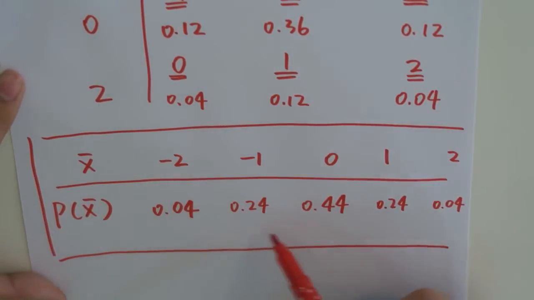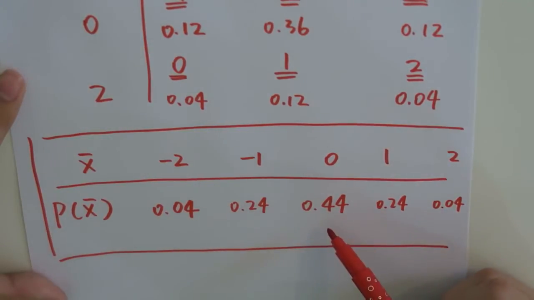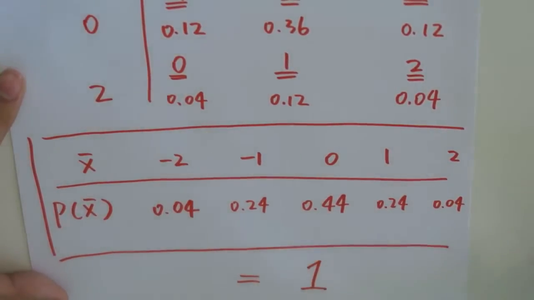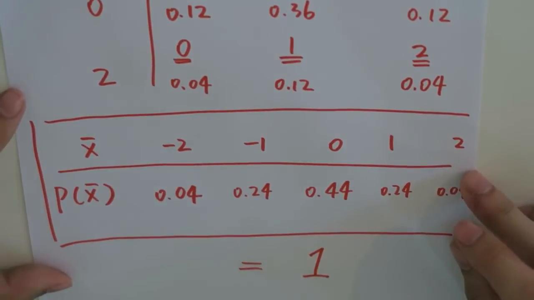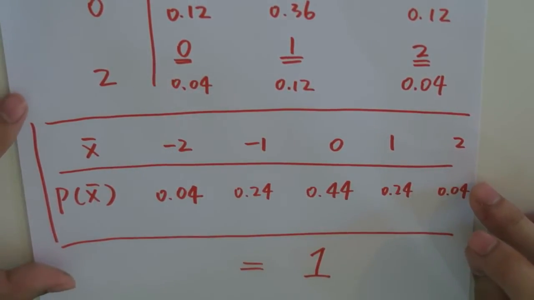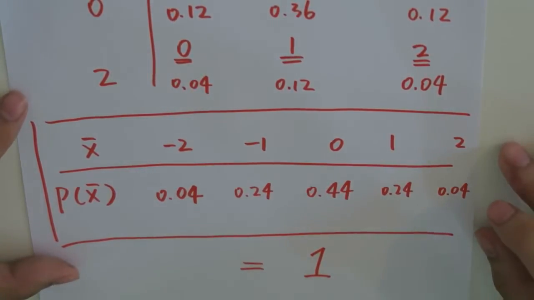If you sum over these values, 0.04, 0.24, 0.44, 0.24, 0.04, they should sum up to 1. So this is the solution to part A.